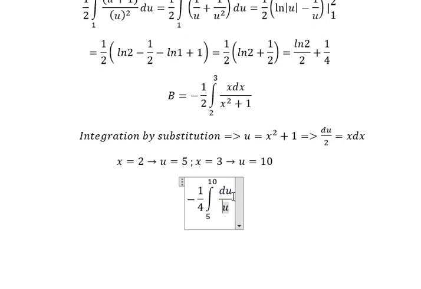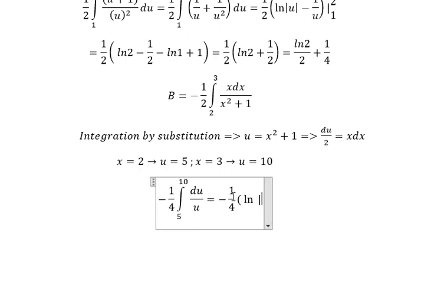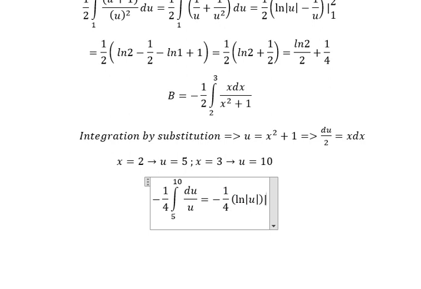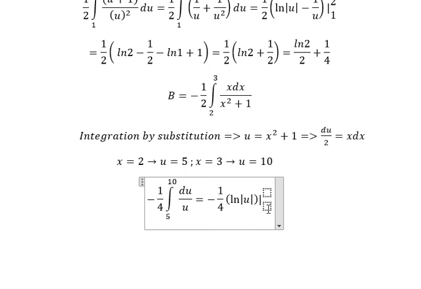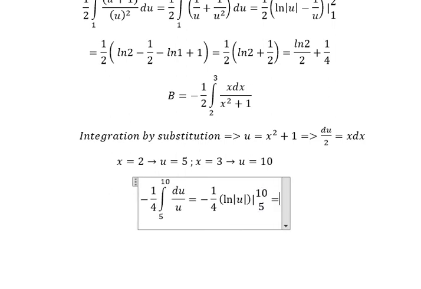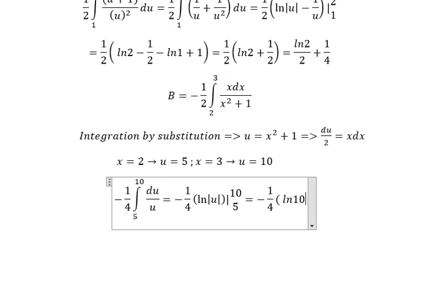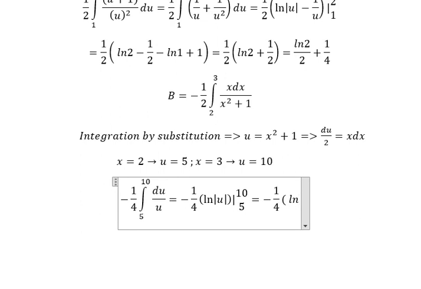And now we can get the final answer. We have number 10 and number 5. 10 divided by 5, you got about number 2.